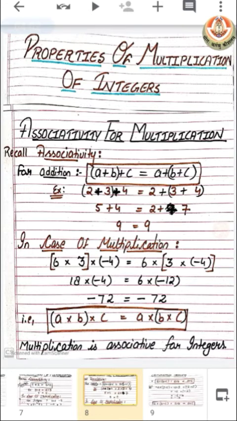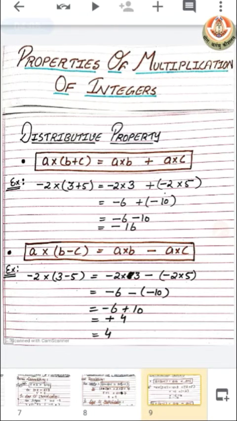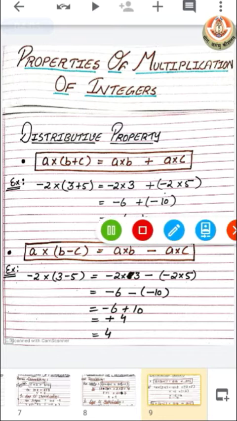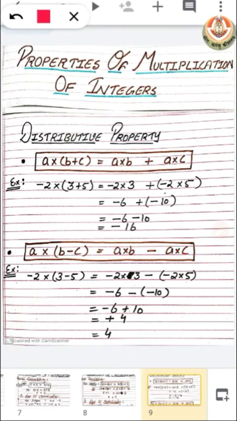Okay. Now to the next one, distributive property. Now what does the distributive property say? That when the addition of two integers is multiplied with an integer, then we can solve this problem by distributing a with b as well as with c.